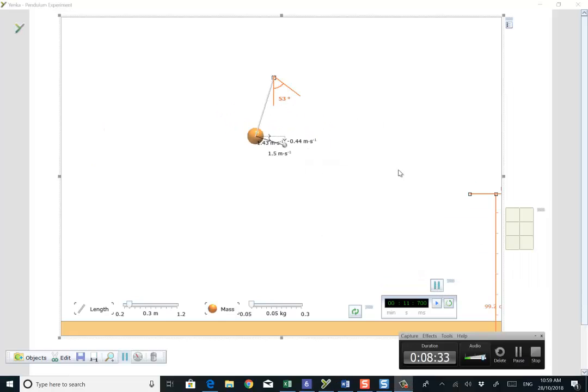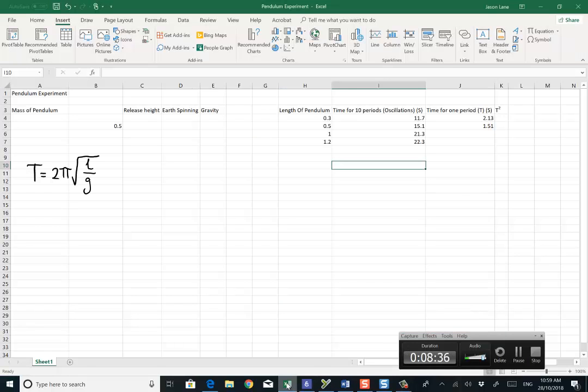If we look at our results so far, if we switch over, and we can see here we are getting an effect, so it is having an effect on the length of the pendulum. And now we can use this formula to work out what our result will be.